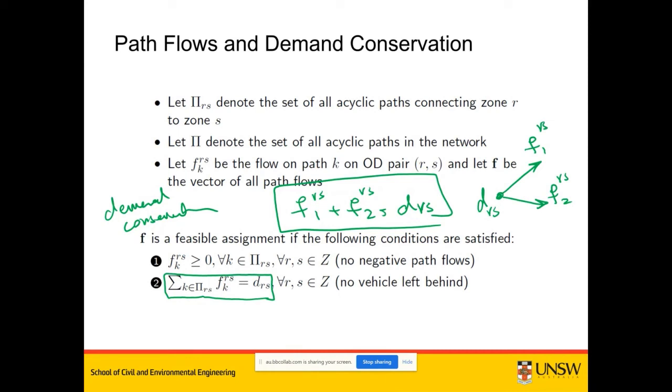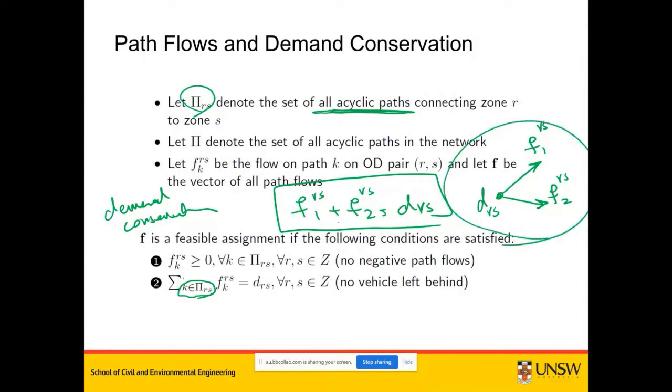And this is how we can write it down here, the summation of all path flows over what? Over all the paths for each origin destination. So for each origin destination RS, if you look at the feasible paths, this capital Pi here, which has only the acyclic paths. In this case, k is equal to 2, like in this example.